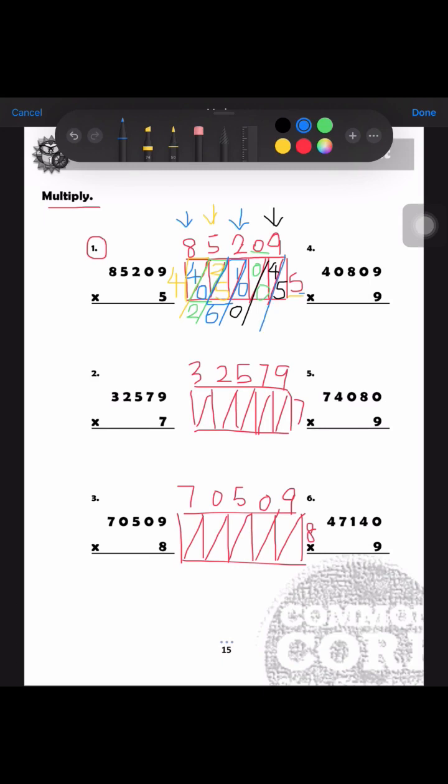And then next, 4 plus 0 equals 4. And the final one is 5. So the answer is 426,045. Okay, now we move on to question 2.